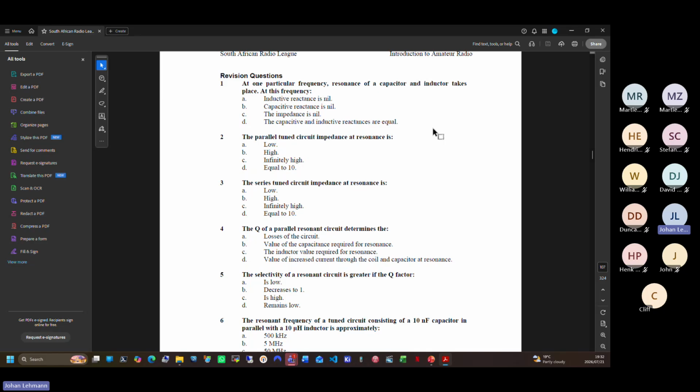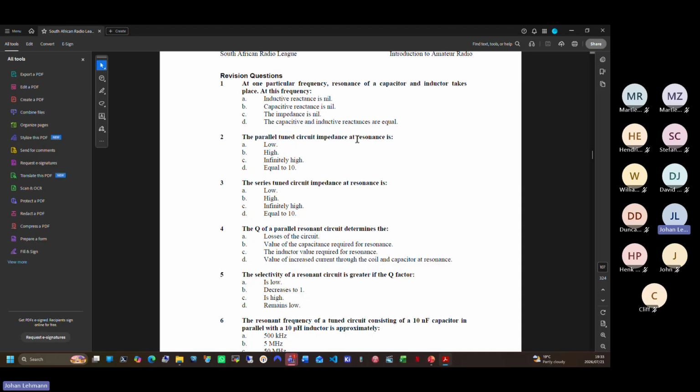D. Remember we said the capacitive reactance and the inductive reactance are equal. Yes, the one is negative and the one is positive, but because they are equal, if you add them together, the net result will be 0. So yes, the impedance, well, it doesn't say if it's a parallel or a series circuit. So the impedance isn't null. Okay, so it is D.